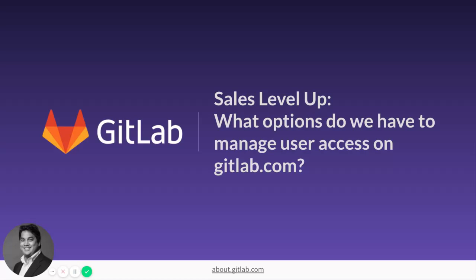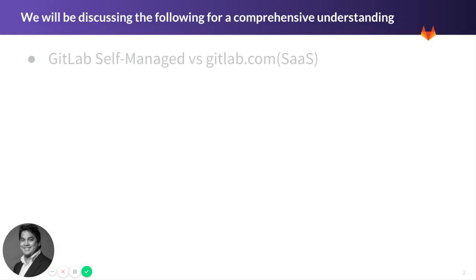Today, I'm coming here to share with you how I go about answering the question, what options do we have to manage user access on GitLab.com? In order to answer the question, I'm going to be covering some prerequisites. We need to have an understanding of the differences between GitLab self-managed or GitLab on-premises versus GitLab.com, or our software as a service that we provide.